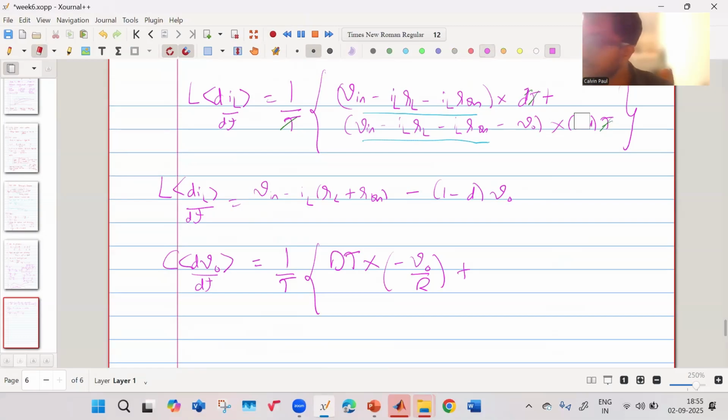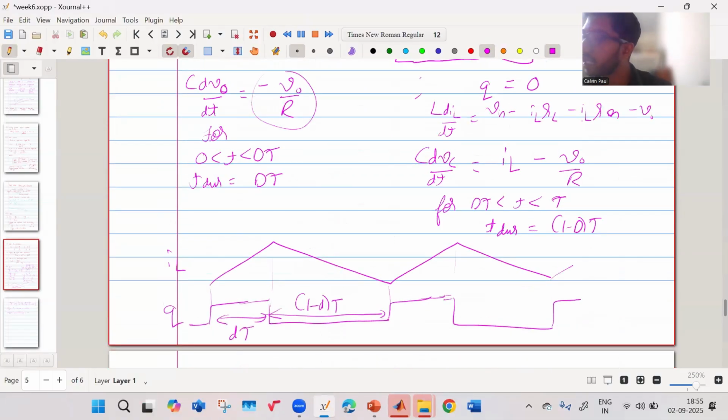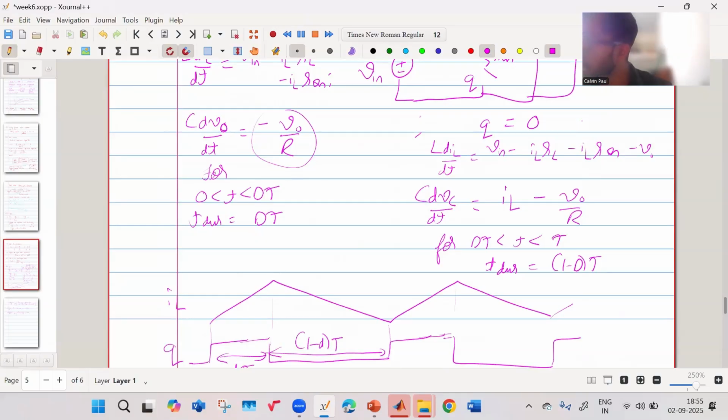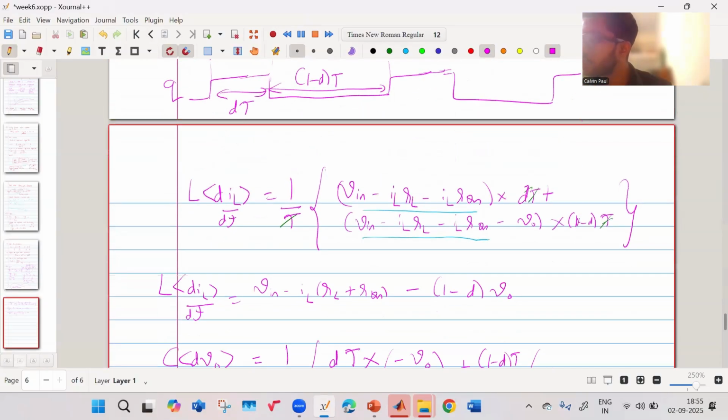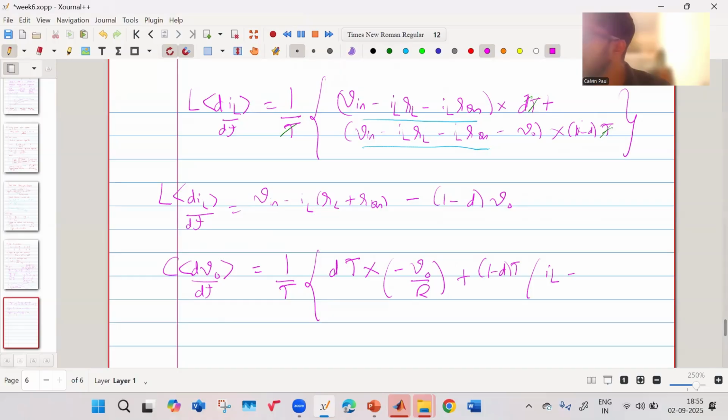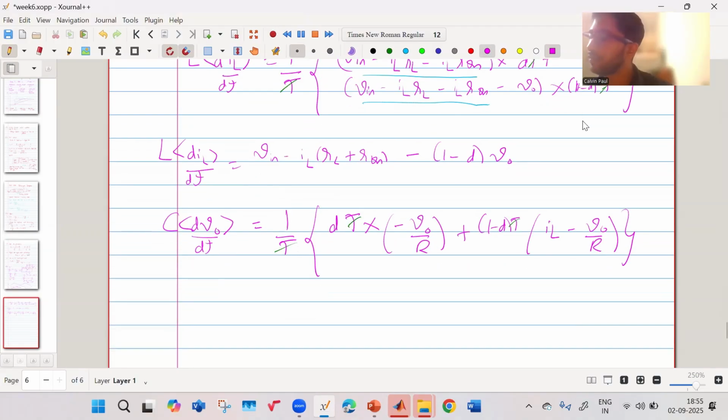Then plus 1 minus d into T into the capacitor current when my switch is off, that is equal to IL minus Voutput by R. So now again T gets cancelled.